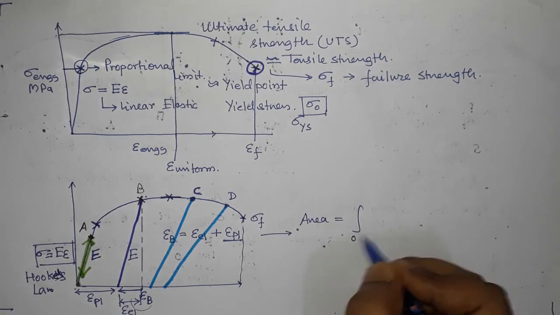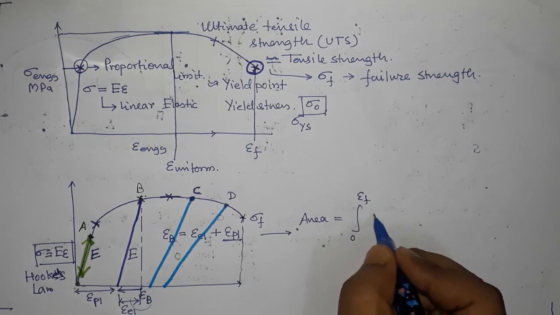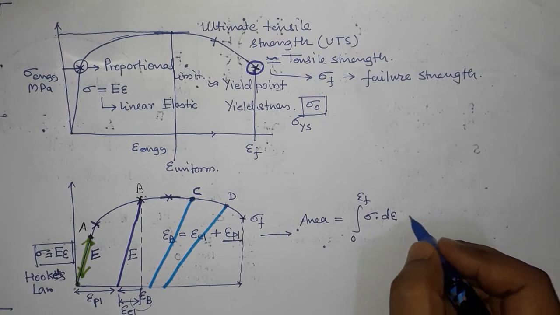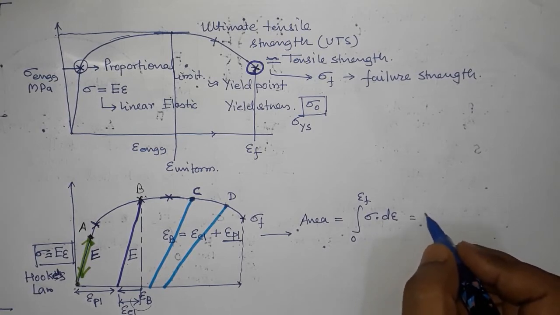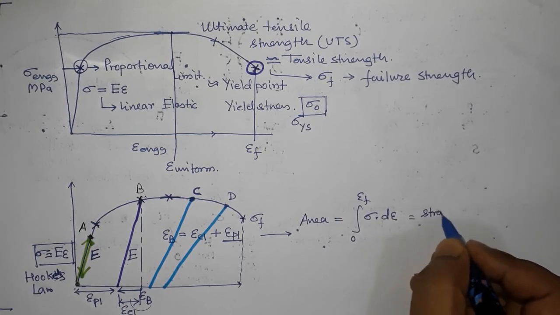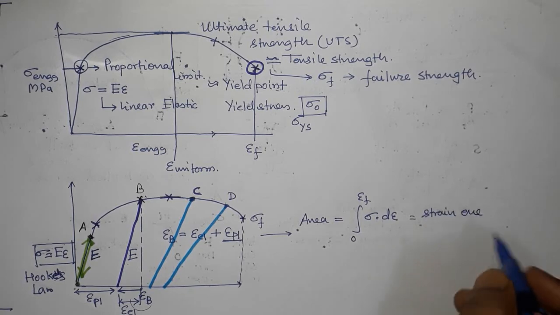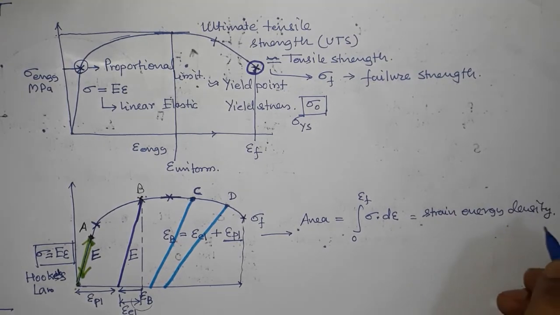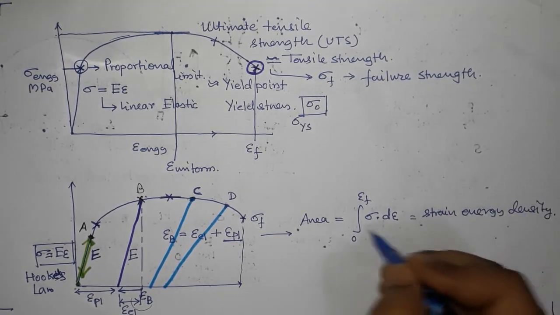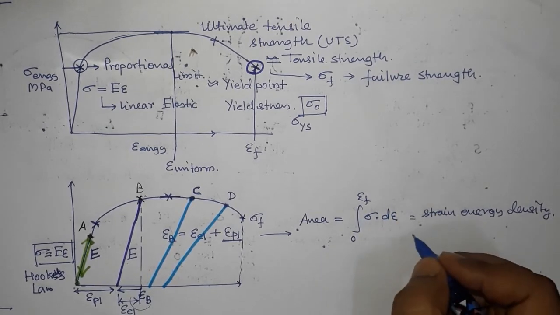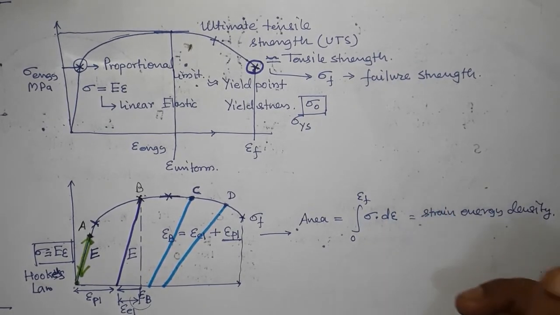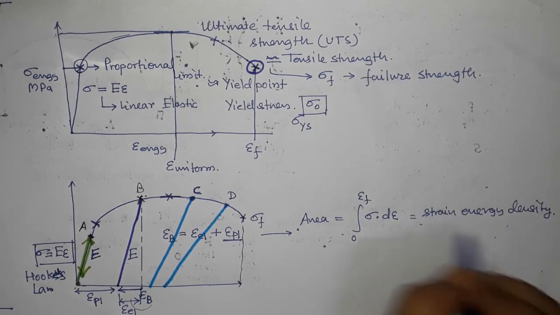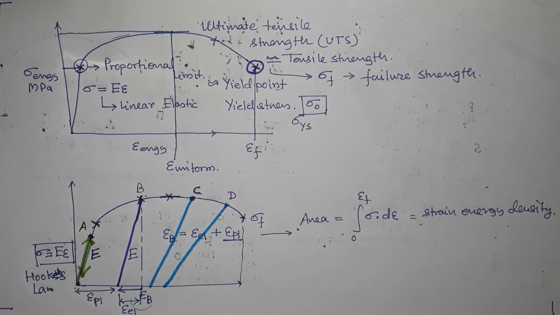You can take strain from 0 to failure strain, sigma into d epsilon, and this is called the strain energy density. So strain energy density, because this integration is actually energy per unit volume. It has the dimension of energy per unit volume. So that's why it's per unit volume, so it is called density, the density of the energy, okay.